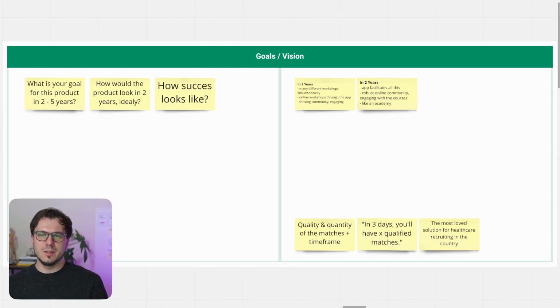From one project, it was having different workshops, a thriving community, an app that facilitates all that's happening in the community, and almost building an academy for what they were doing. In the other project, it was about the quality and quantity of the matches, the time frame required to match candidates with clients, and the fact that they could guarantee a 3-day turnaround from when somebody starts a hiring process to when they find the candidates.